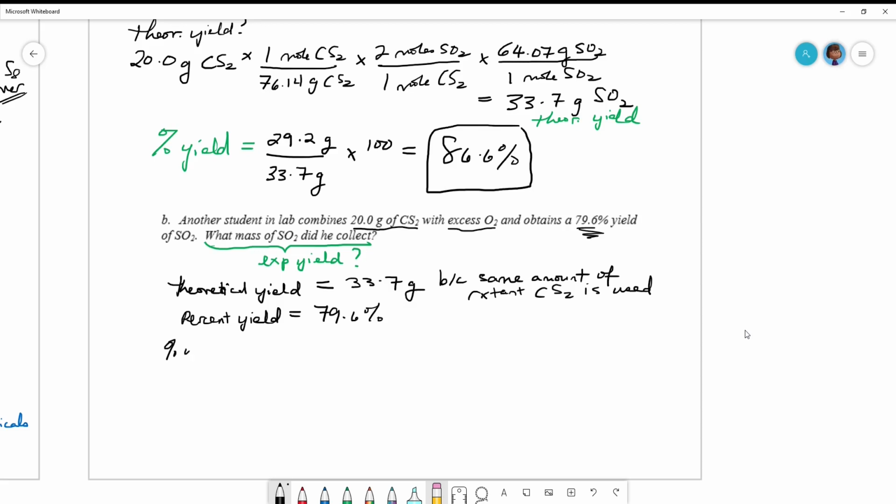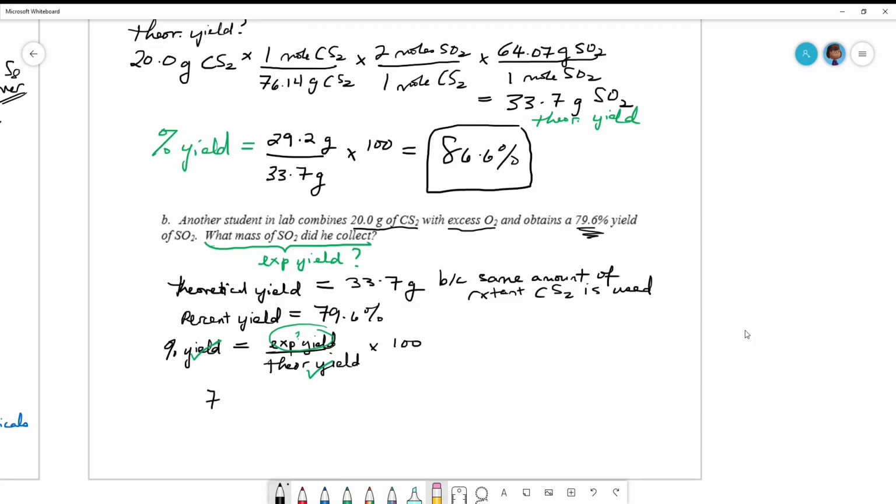We know that percent yield is equal to the experimental yield over the theoretical yield times 100. And what do we know? Well, we know the theoretical yield. We're just trying to figure out the experimental yield. Let's call it X.